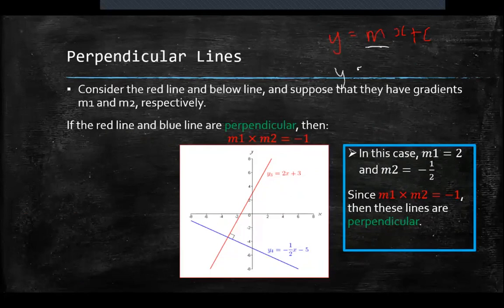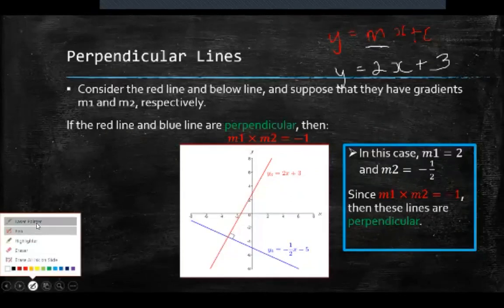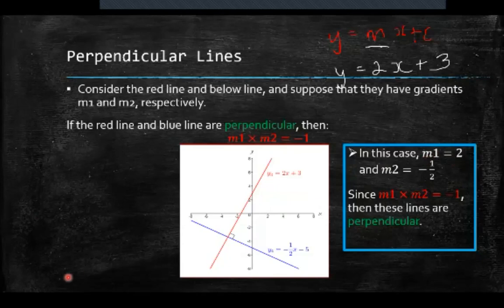So if my equation is y is equal to 2x plus 3, 2 is my gradient, and that's why I said that M1 is 2. Same thing for the other equation.